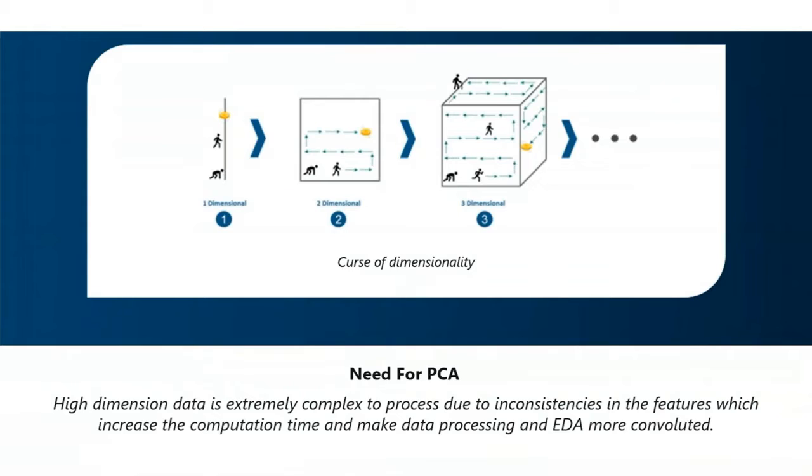If the dimensions increase, automatically the complexity increases. An individual object may have multiple attributes, and if the attributes increase, the data representation's complexity keeps on increasing. Now, high dimension data is extremely complex to process due to inconsistencies in the features, which increases the computation time and makes data processing and data analysis more convoluted.